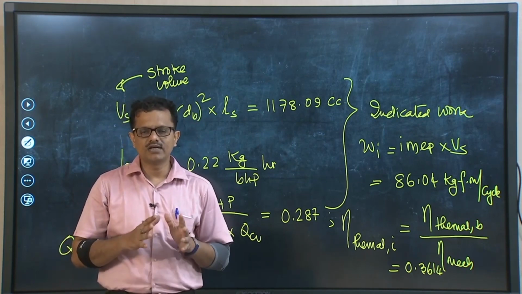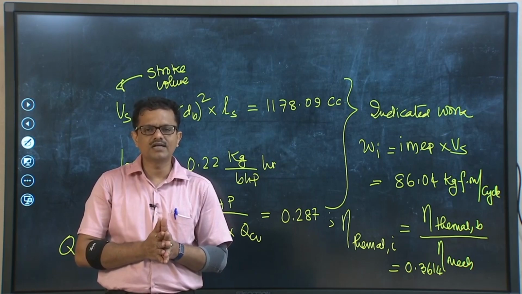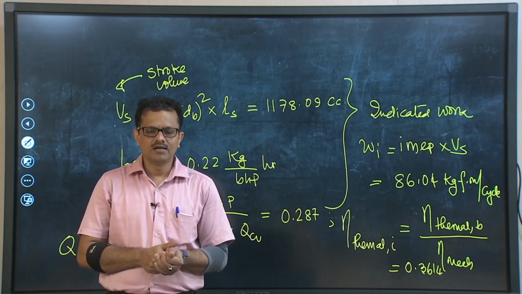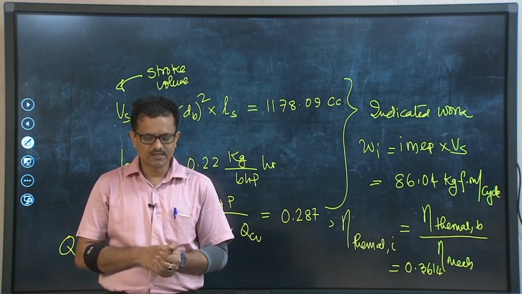Since indicated power is higher than brake horsepower, naturally indicated thermal efficiency will be higher than brake thermal efficiency.